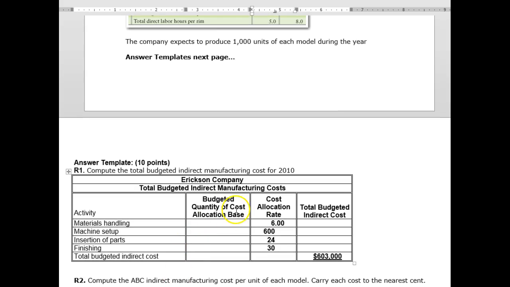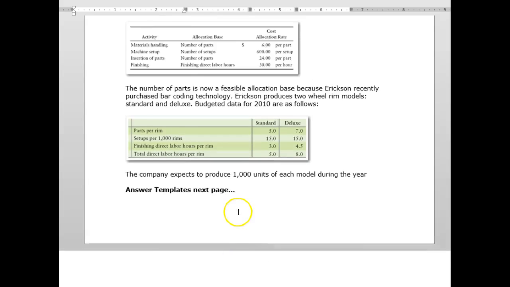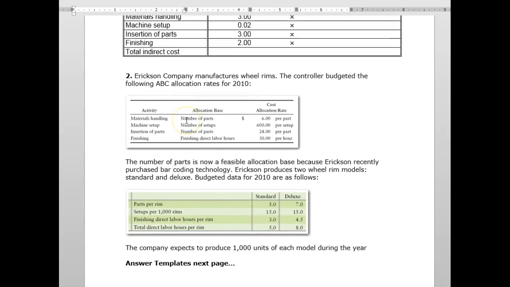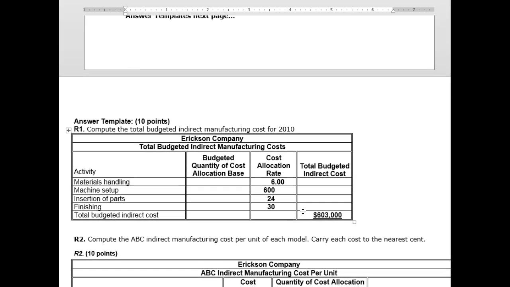Now, what do I do with this? Material handling is based on what? Number of parts. We're going to do 1,000 of them, and each rim, one has 5 parts and the other has 7 parts. So what's my total parts? I'm going to take 1,000 times 12, the 5 and the 7 added together.